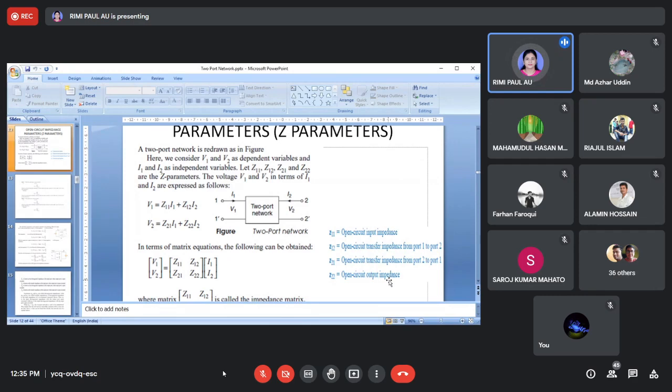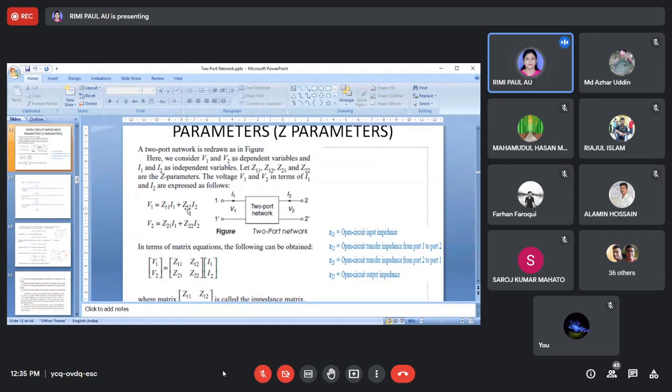Next, if I1 is equal to 0, those terms will be 0 in this equation. So what will we get? V1 by I2 is Z12. Now what is Z12? Z12 is the open circuit transfer impedance.